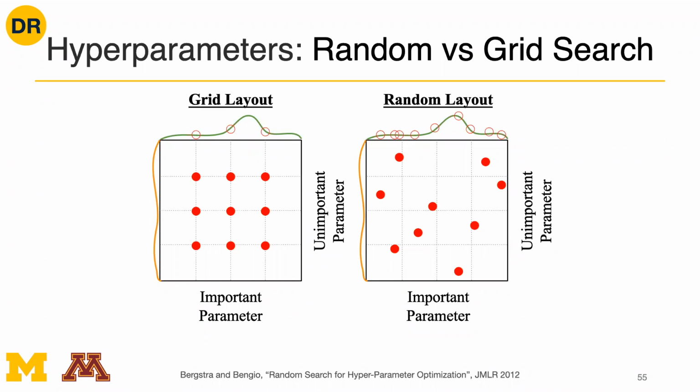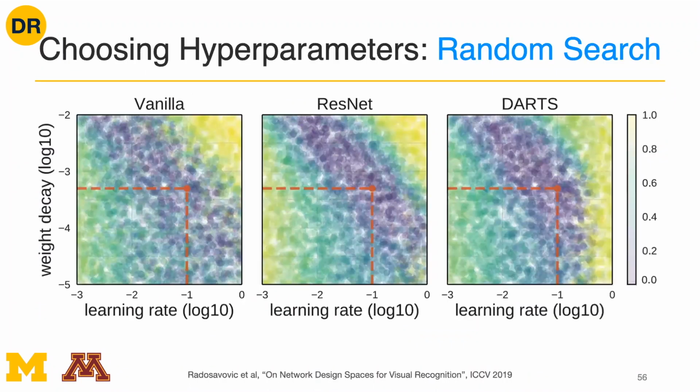And one other characteristic to note is that for local values around the values that you chose, a small change in those will not have a huge impact on your performance. So in this particular slide, what you're seeing is weight decay and learning rate. These are two different hyperparameters on the X and Y axis. And every sample that you see is a trained model or a trained instance. And the colors depict the performance.